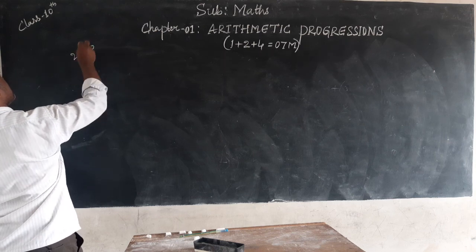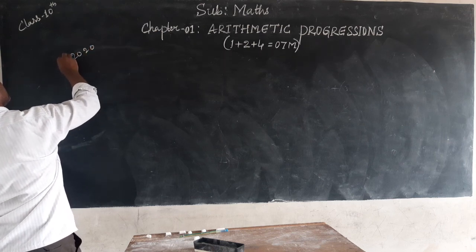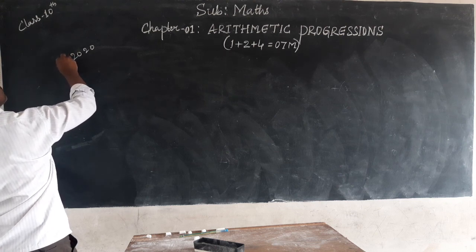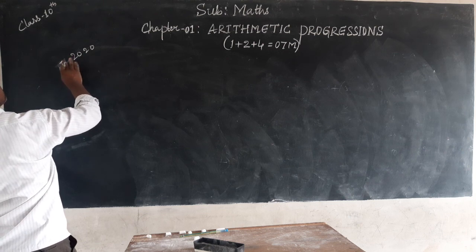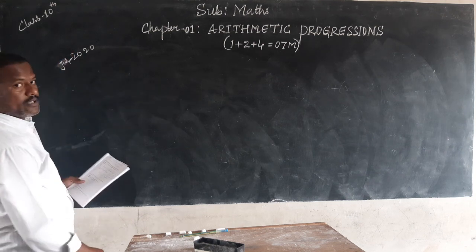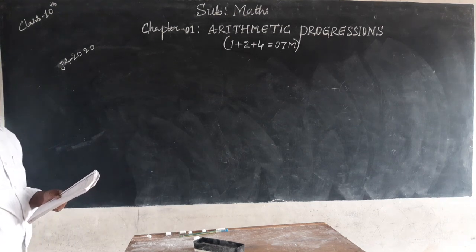2020. So, okay, so it is June or July. Now you can take July 2020.